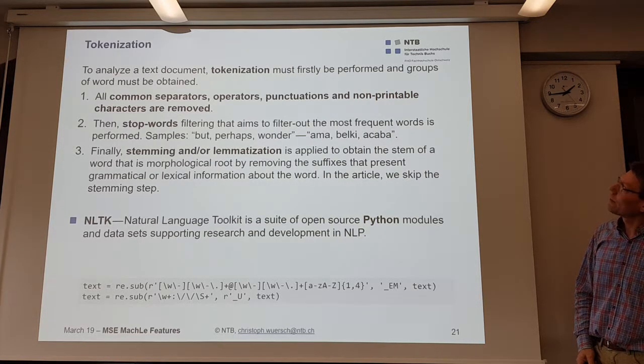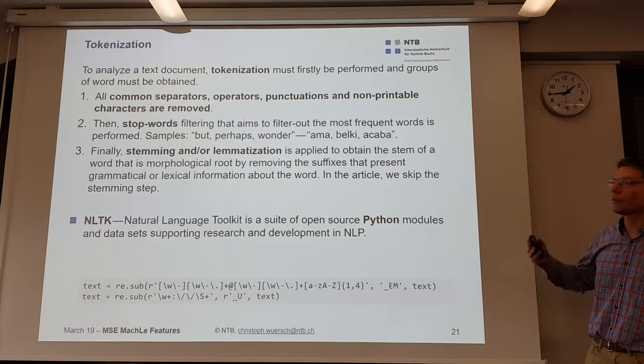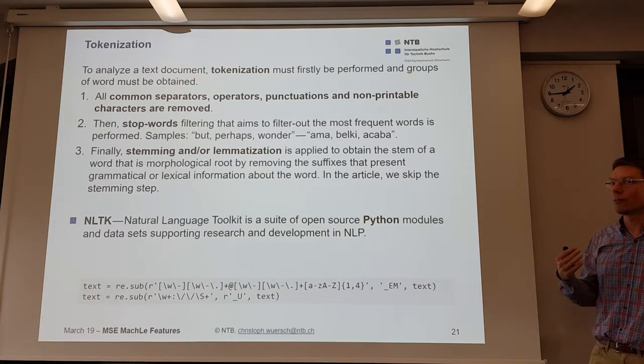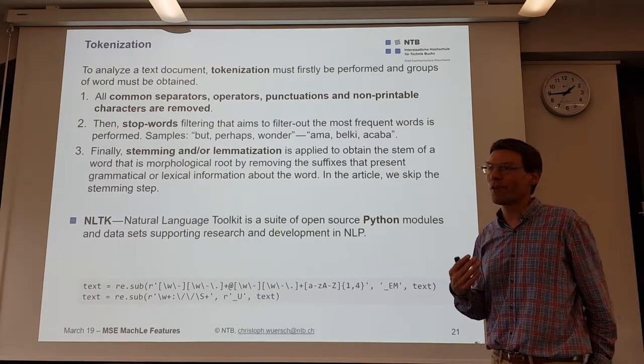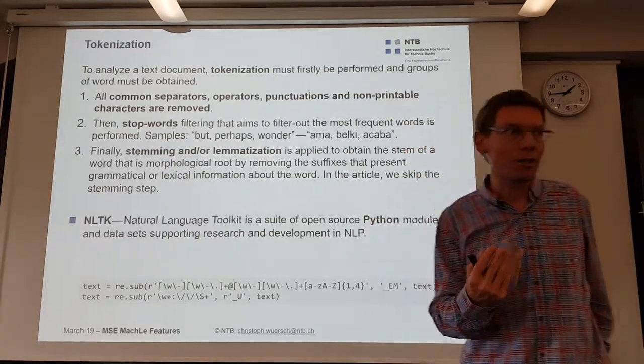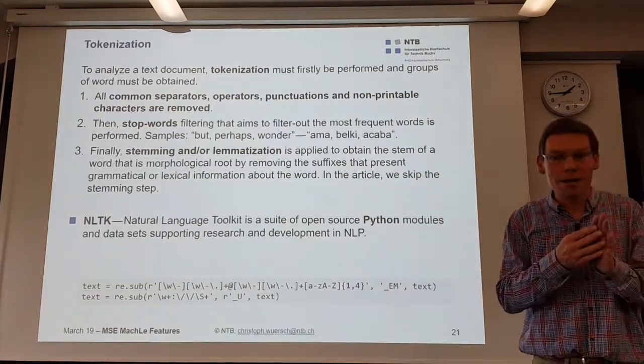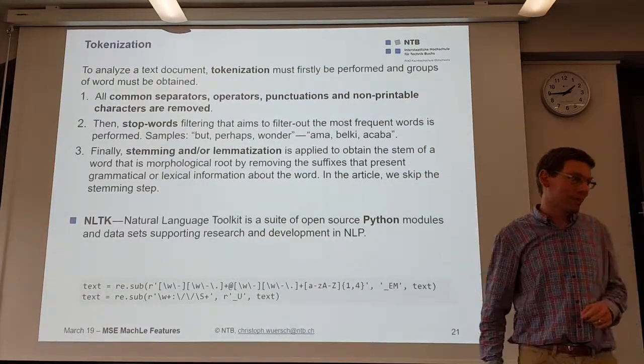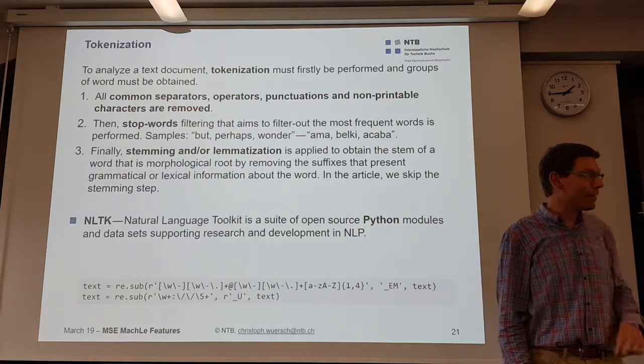So, tokenization. We group the full text. Common separators, operators, punctuation, and non-printable characters are automatically removed because they don't help, for example, in a sentiment analysis. Sometimes they help if, for example, 10 hyphens are added once or 5 smileys and so on.